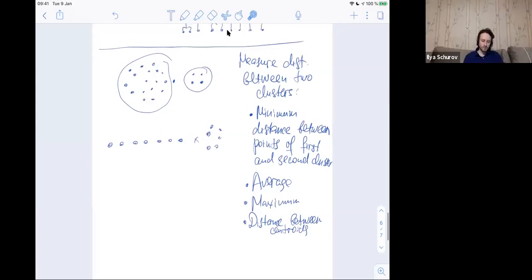Well, you probably have to report both results, and you probably have to discuss why you believe that the result of one algorithm is better than the result of another algorithm. So I think that there are no universal answers here. Basically, this clustering thing is not very well posed.